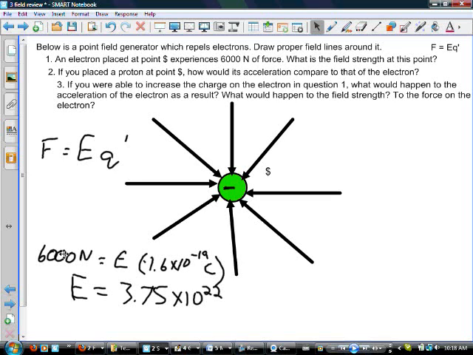If you placed a proton at this point, how would its acceleration compare to that of the electron? Opposite direction, good. It would have a slower rate of acceleration because the mass is significantly greater. Its initial rate of acceleration would be slower.